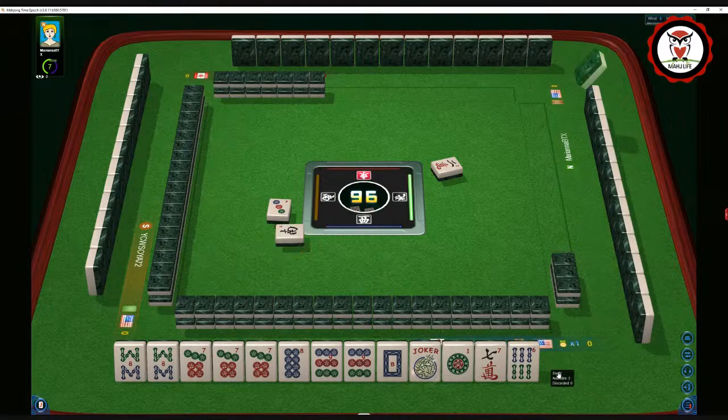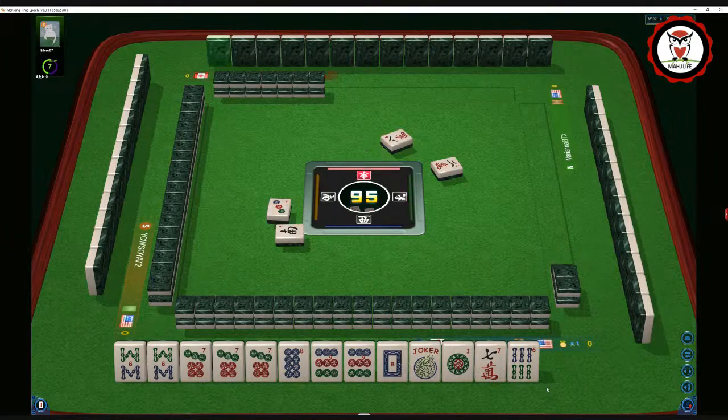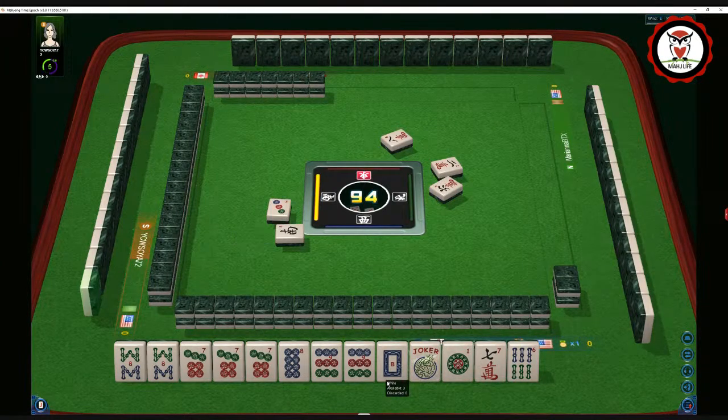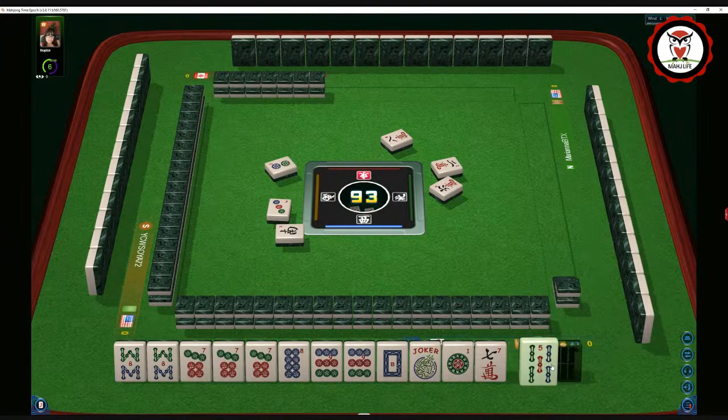South wind. 8 characters. Okay, let's just see what happens here. 7, 8, 7 dot, 7, 8, 9 dragon. 6 characters. I'm kind of thinking if we can get a flower, we can try for the first 2 of the dots, concealed hand. Okay, now here's 5, 6, 7, 8.